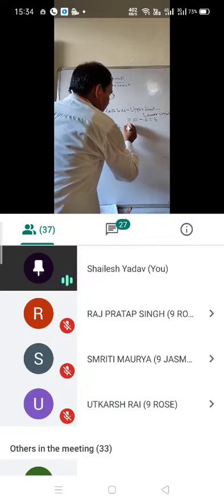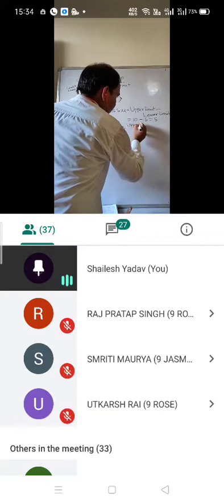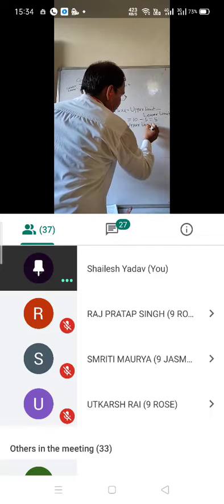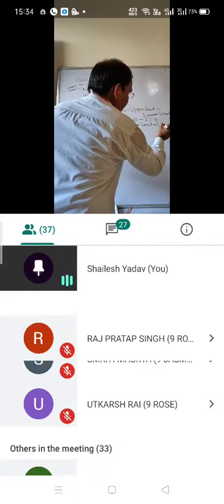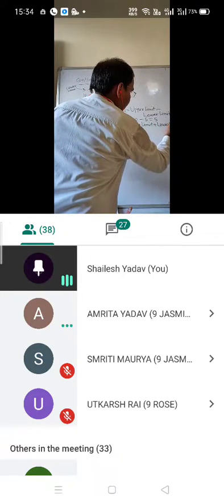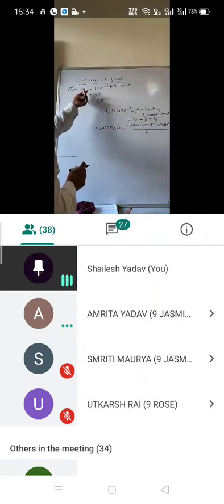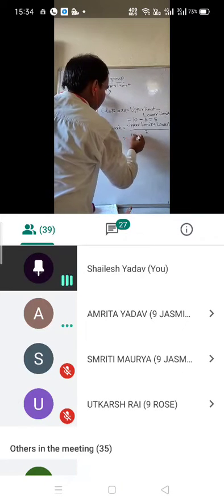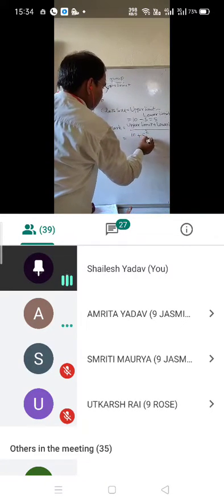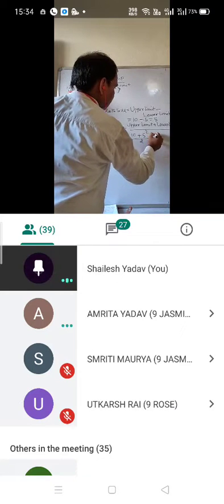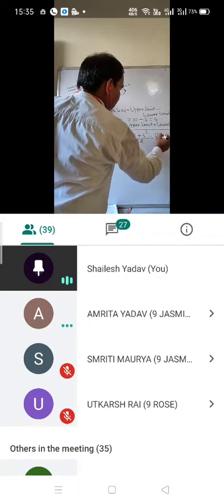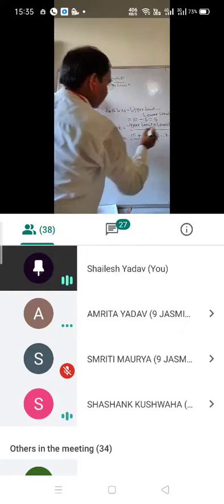Class mark equals upper limit plus lower limit upon 2. If I ask what is the class mark for the group 5 to 10, here the upper limit is 10 and the lower limit is 5, so 10 plus 5 upon 2 is equal to 15 by 2, which is 7.5.